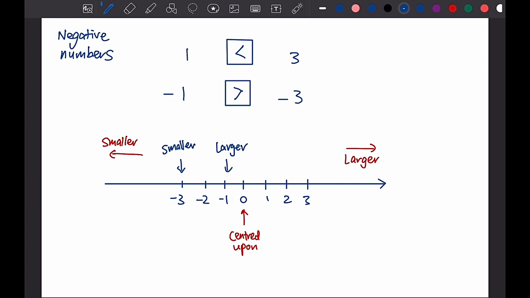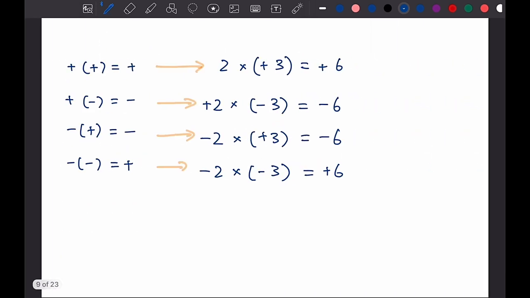So even though numerically 1 is less than 3, when we introduce a negative, then -1 is greater than -3. So it flips that inequality sign. So it means that this whole idea of negative numbers works in reverse of positive numbers. All right. And next, let's look at multiplication operations involving negative numbers.